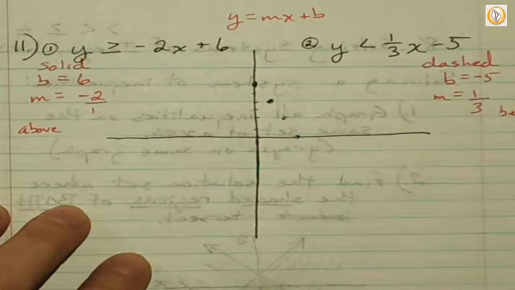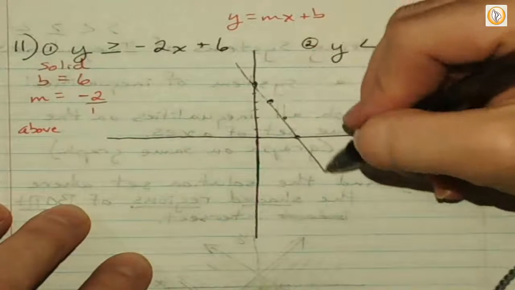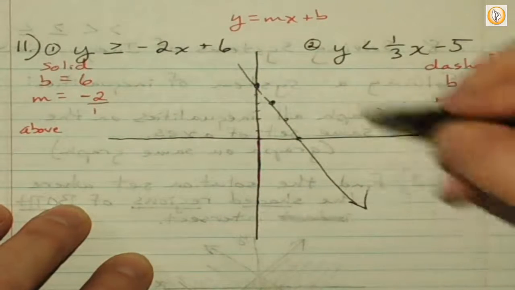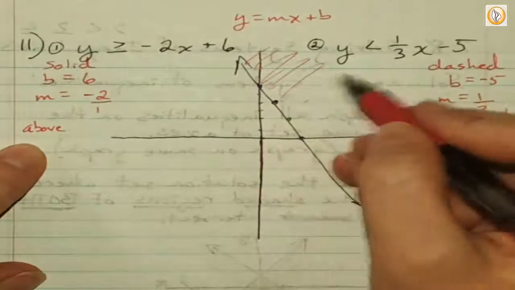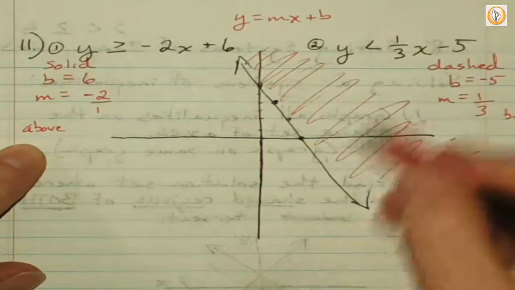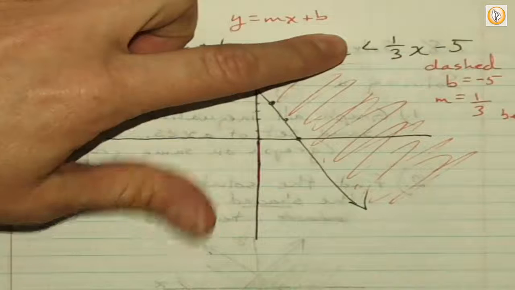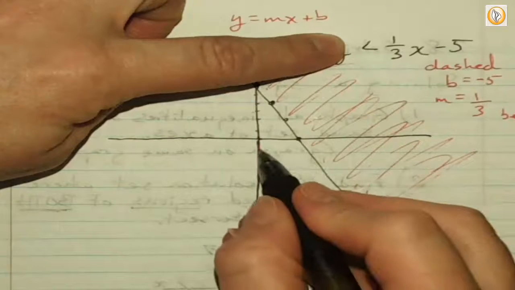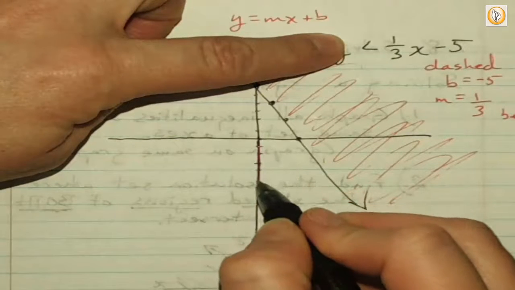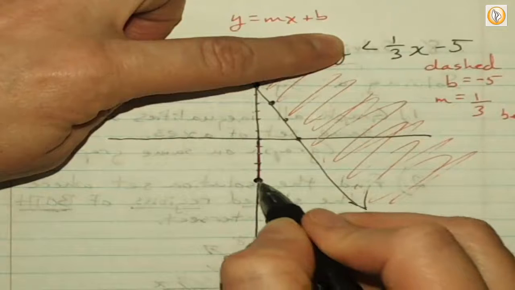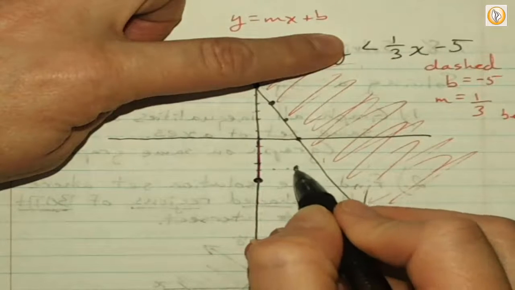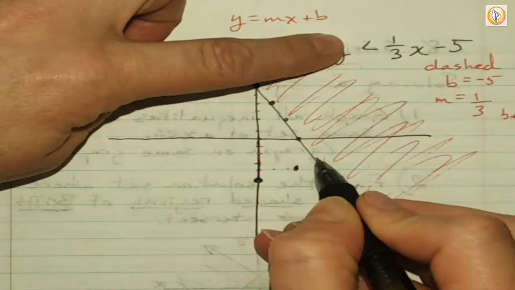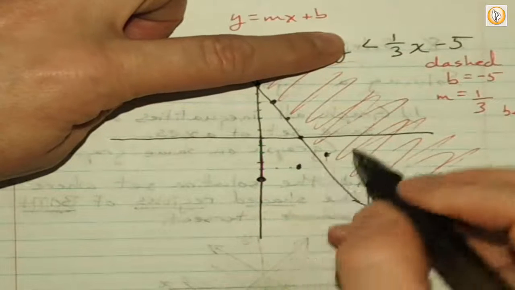And this we're going to shade above. All right, this one's a dashed line, and we start at negative 5. 1, 2, 3, 4, 5. And we go up 1 and over 3, up 1, over 3, something like that.